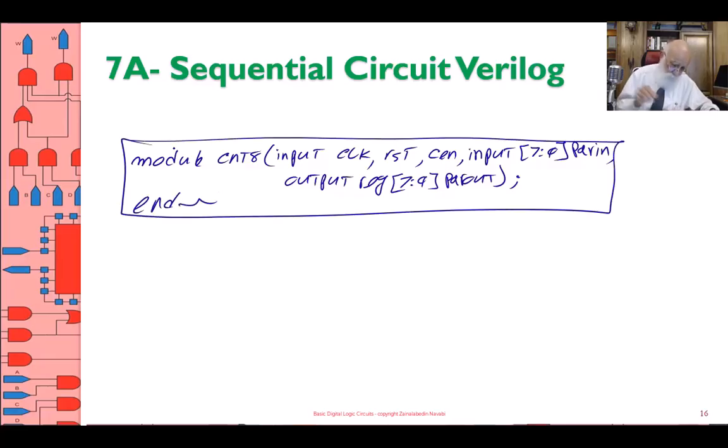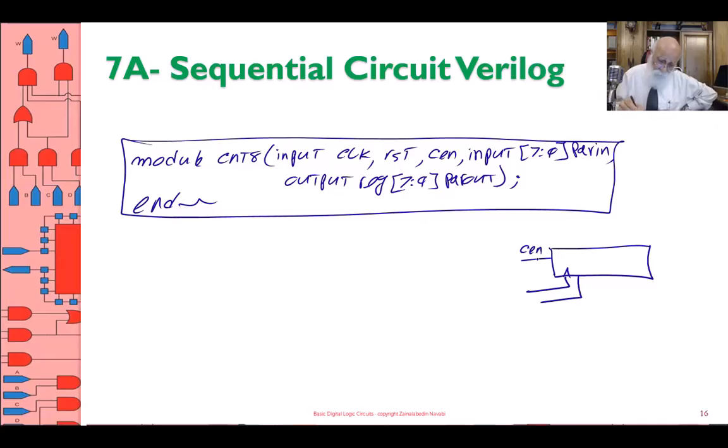Okay, but then you are instantiating this, and this is the counter. It has a count enable, that's it, and then it has 8 parallel in, 8 parallel out, pair in, pair out.